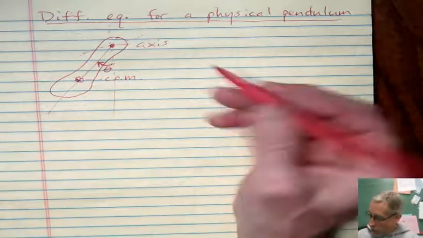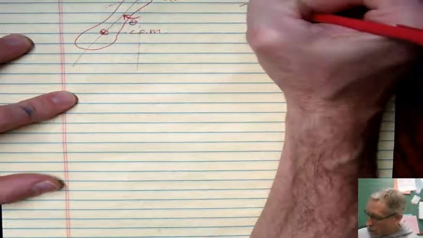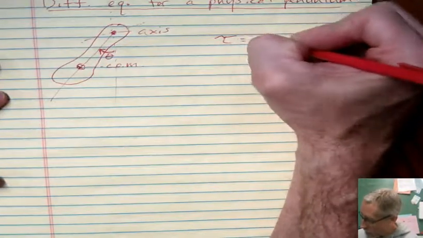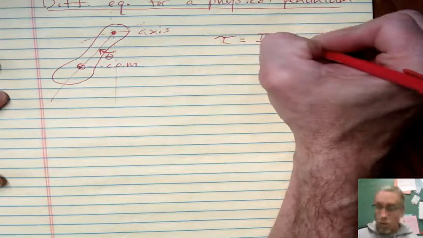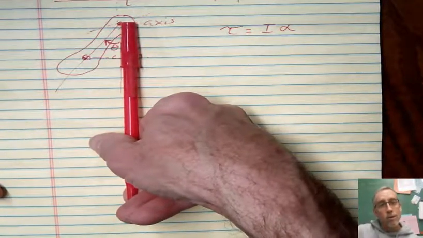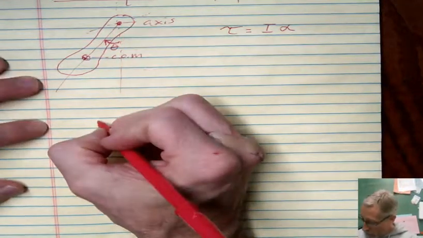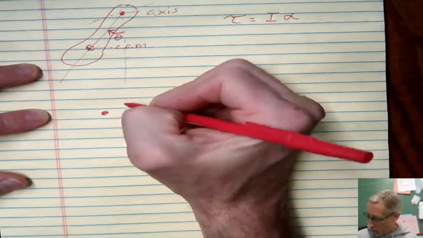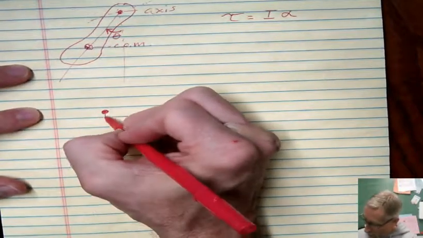So we describe this thing by using Newton's second law in rotation form, because it's not something moving linearly, it's something moving angularly. And that starts with torque equals I alpha. Okay? So what is the torque? Well, there's a torquing force on this: the component of its own weight that tends to pull it back towards that vertical. And so if we just draw the center of mass of this thing, then the weight would be straight down.